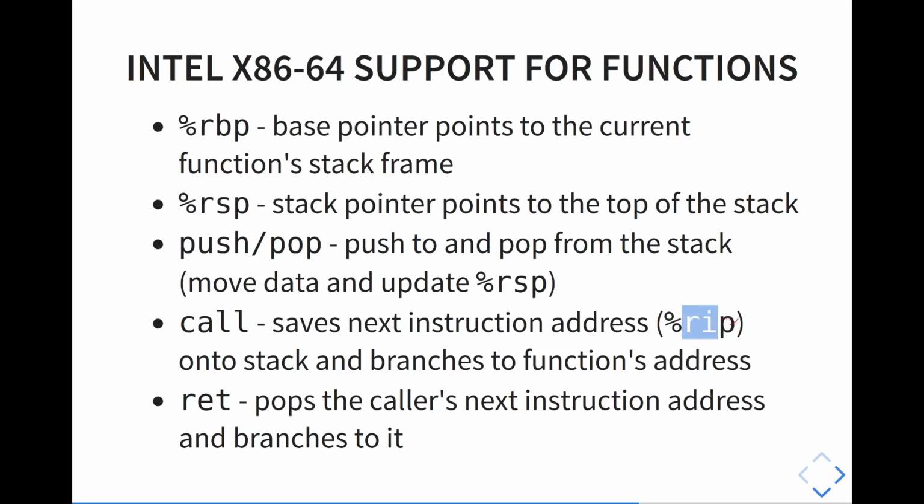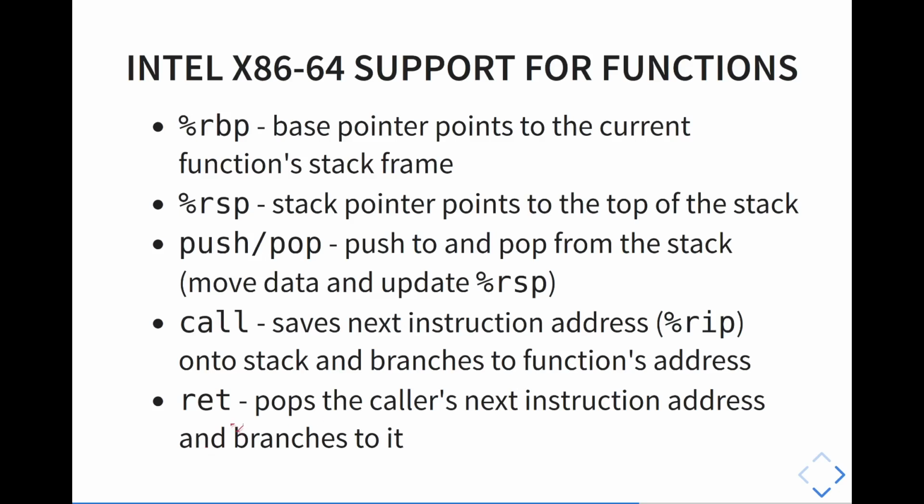It saves RIP, the instruction pointer, which is aptly named given the security exploits that have involved it. The instruction pointer gets pushed onto the stack by call, and then call branches to the function's address. So you'll say call, and then the address of the function's first instruction.